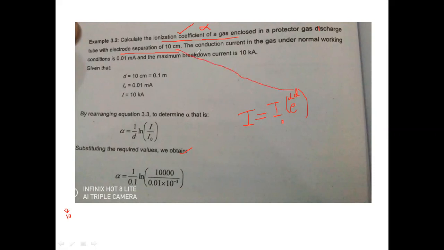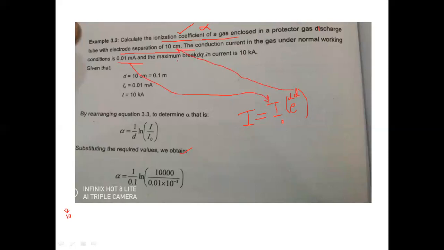The conduction current in the gas under normal working condition is 0.01 milliampere, which is very low. So it means it is actually this amount of current which is already present in the gap, which is very much low. 0.01 means 10 microampere. Okay, which is very low.